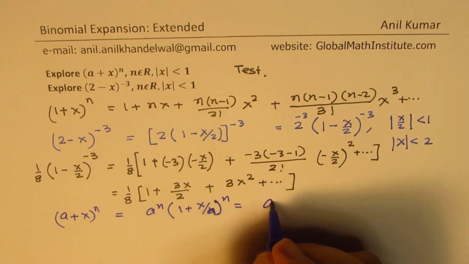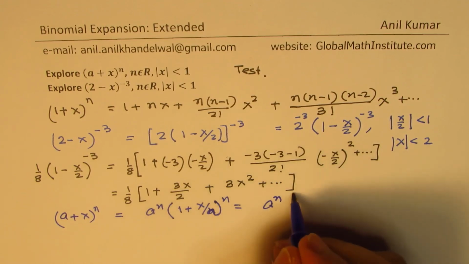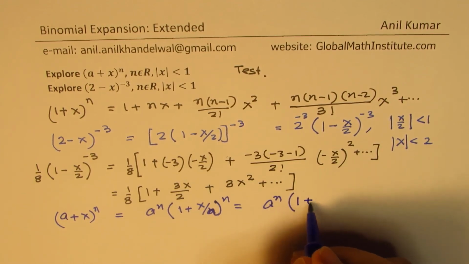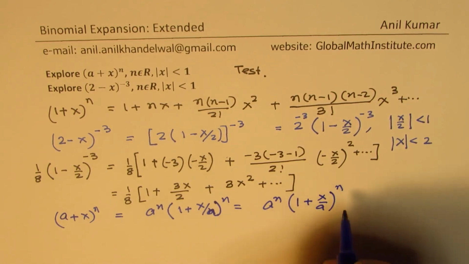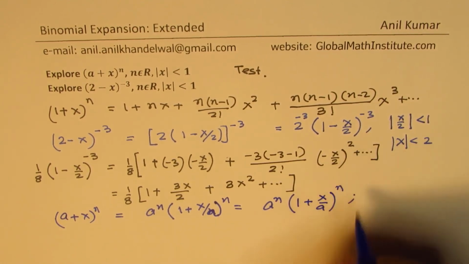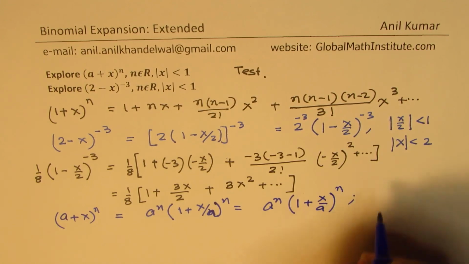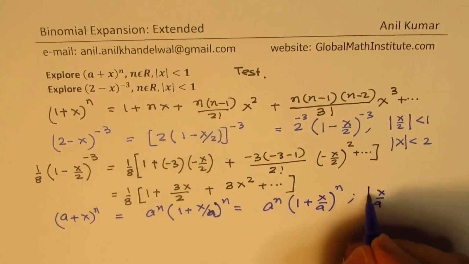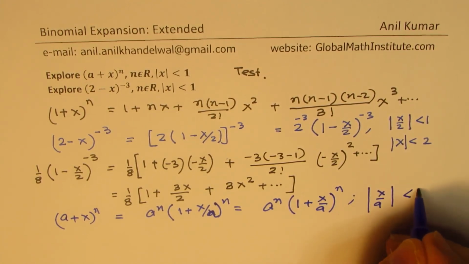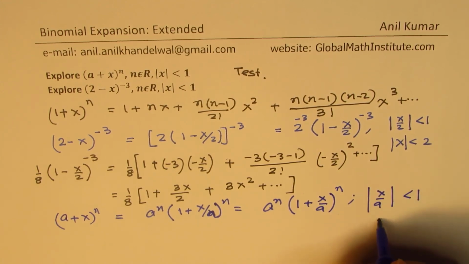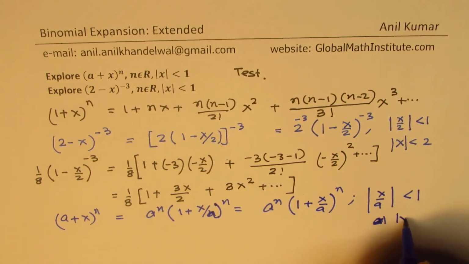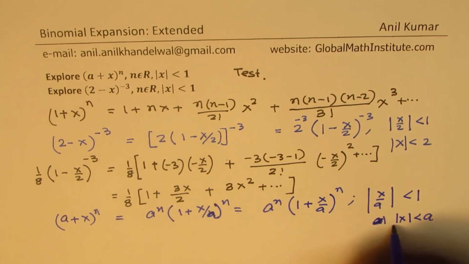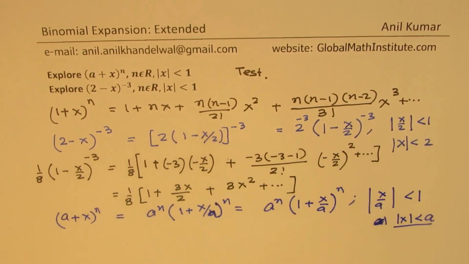What I wrote here is a^n taken outside, and within the brackets we get (1 + x/a)^n. Now in this particular case, all these expansions are possible if |x/a| < 1, or you could say |x| < a. So that is when you can use all these expansions.